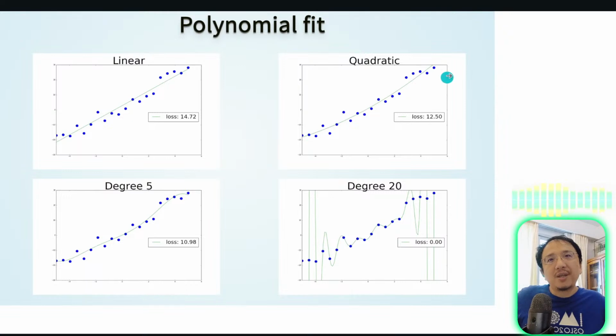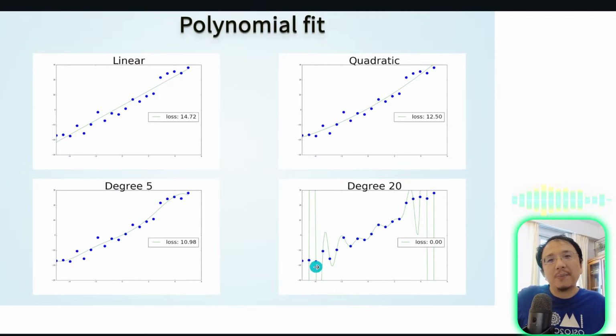We can also fit it with a quadratic model. That is, our model is like ax squared plus bx plus c, a quadratic polynomial, and we want to determine the parameters a, b, c. Similarly, we can fit it with a polynomial of degree 5.